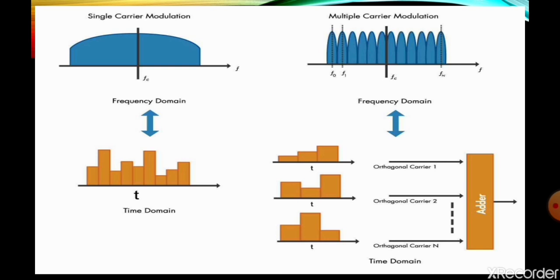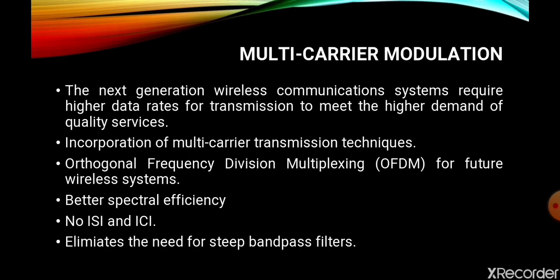This multi-carrier modulation technique was considered to be more efficient in terms of spectrum and in the removal of intersymbol interference and intercarrier interference, and the use of very complicated filters was also eliminated.